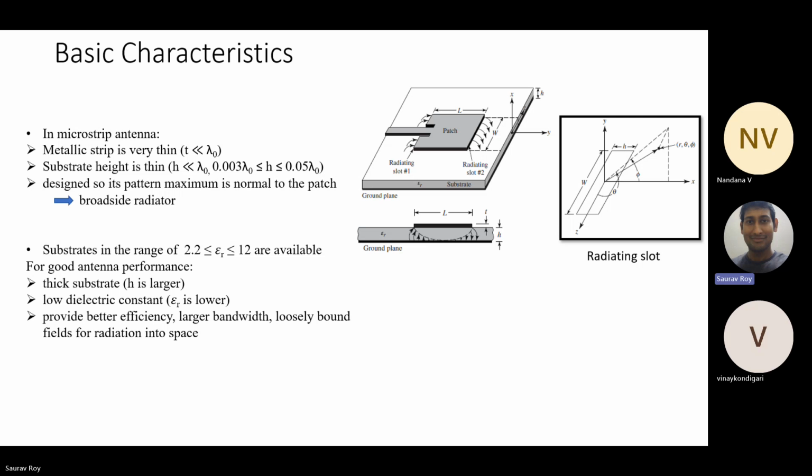In the side view, you see the thickness of the metallic patch is T. This T is very thin, around 18 micrometers or 35 micrometers. But for all our microstrip considerations, we generally see it as a thickness, as a slot. All the sides of the metallic patch on top of the antenna, we see as a slot.